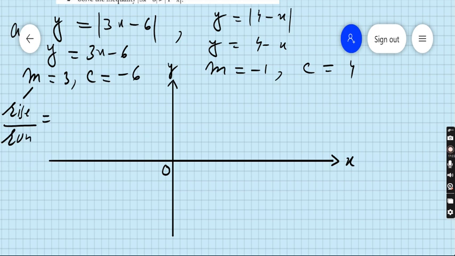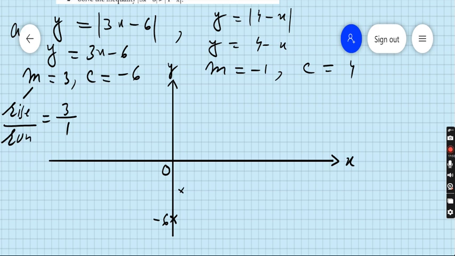So rise upon run is given as 3. You can write 3 upon 1. So 3 up and 1 right. What is the y-intercept? 1, 2, 3, 4, 5, 6. Minus 6. So first make minus 6 your reference point and go rise upon run. So 1, 2, 3, this is the first point.